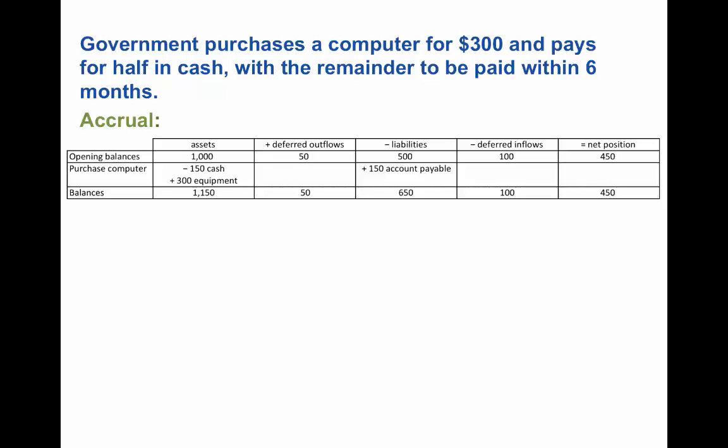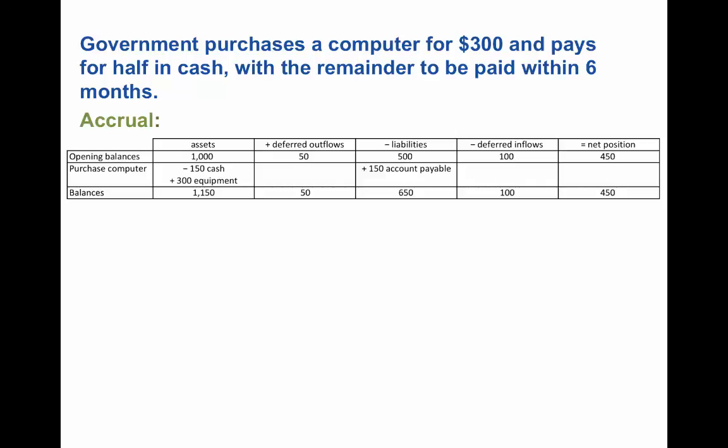It's a concept that will take a little time to grasp, but it's very important for governments because it speaks to the issue of interperiod equity, or the degree to which a government lives within its means from year to year, that it raises enough resources to cover its cost and doesn't push costs off to the future. We'll learn a lot more about deferred inflows and deferred outflows over the course of the semester, but they're a part of the transaction.